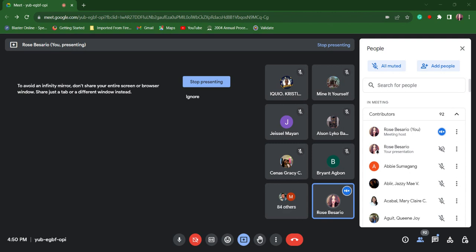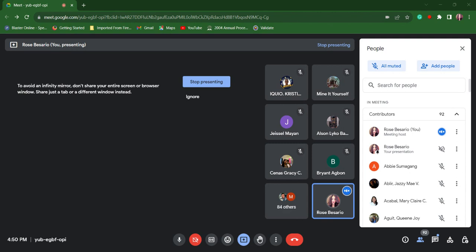Then we have salaries expense nga 105. Kay naatay salaries payable nga 105. Tapos naatay interest expense nga 54. Kay naatay interest payable nga 54.